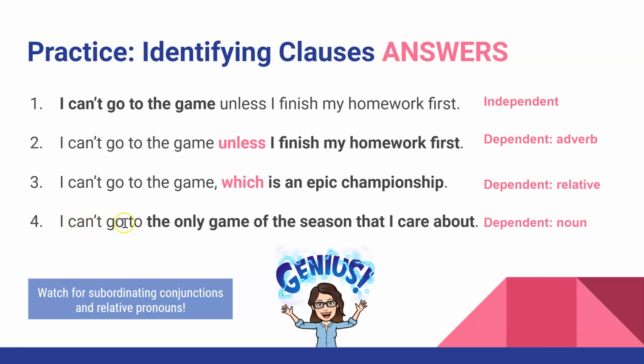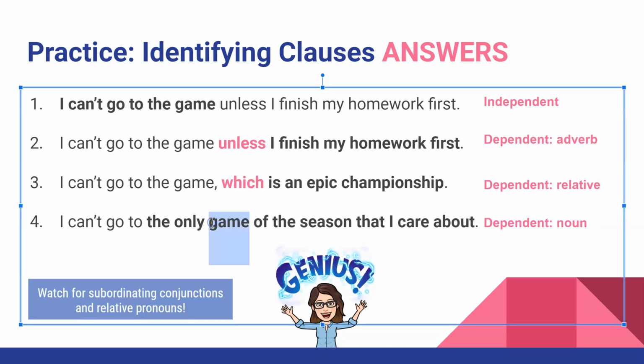I, subject, can't go, verb. Where can't I go? What's the recipient of that? Boom, my object. The only game of the season that I care about. So really, in number 4, the object is game. This is the key word of the whole clause. It's a noun, okay? So that's a way you can kind of triple check.